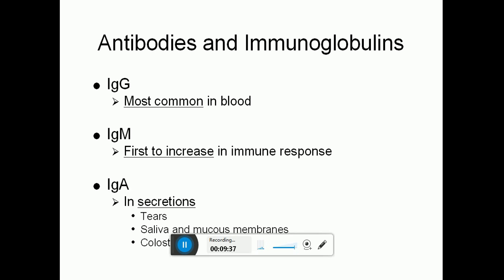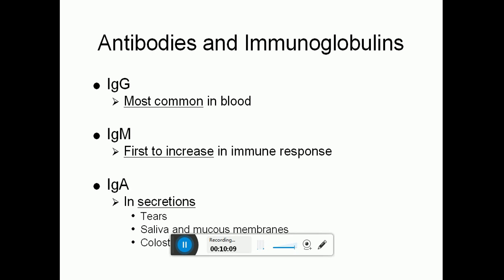IgM, on the other hand, is when a virus or a bug attacks us for the first time, the antibodies that are made on the first response are IgMs. That means that I have an active infection with that virus. So let's say I'm actually going to get sick with the measles and not get the measles shot.